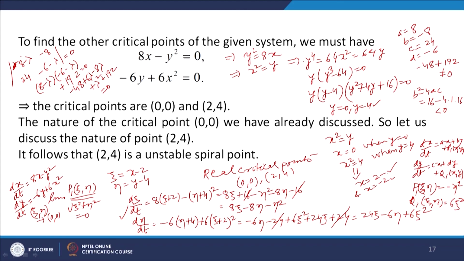So, lambda square minus 2 lambda, 192 minus 48, equal to 0.